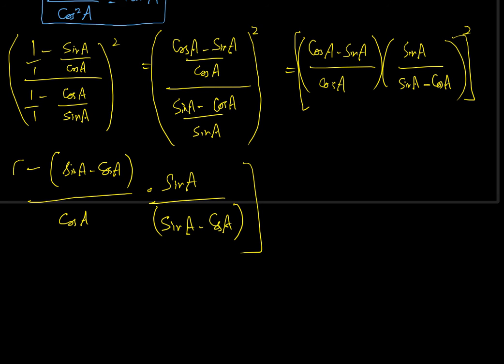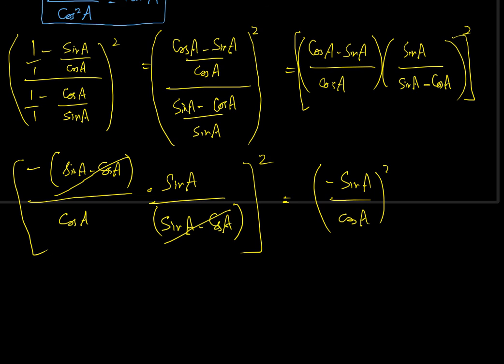This whole thing is squared. The (sin A − cos A) will cancel out, so it'll become (−sin A/cos A) whole squared. So negative sin A divided by cos A whole squared.